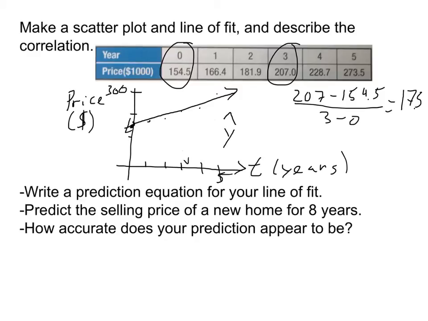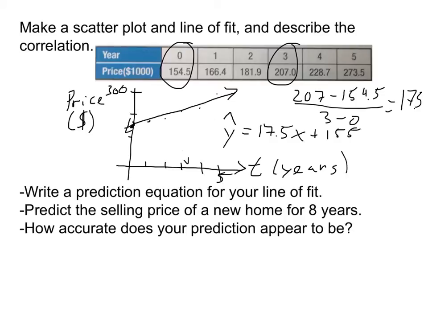So y hat is equal to, so that just tells me it's a prediction line or a line of best fit. y hat equals m, which is 17.5, x plus b, which we said it crossed at about 155.